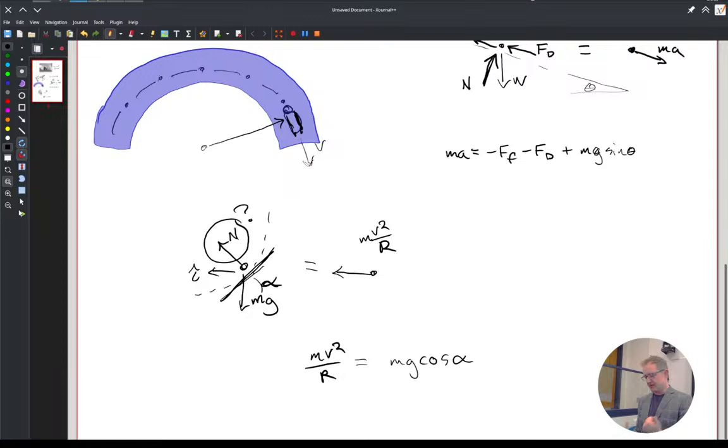But wouldn't it be equal and opposite? Because normal force is pointing that way, and mv squared over r is pointing that way too. If the incline is this way, then normal force is pointing, I guess then they're both equal to each other, right? Because they're both pointing in the same direction. Something like that.